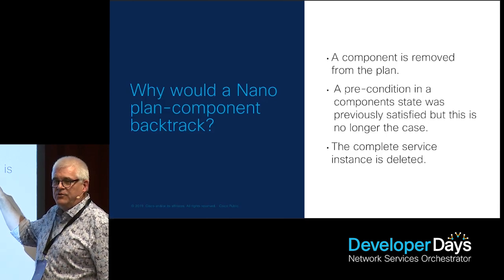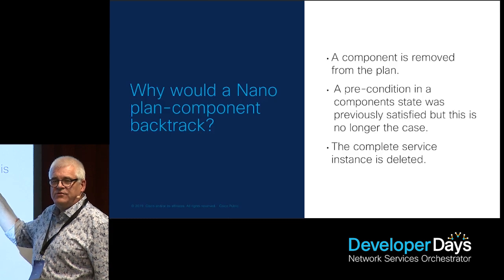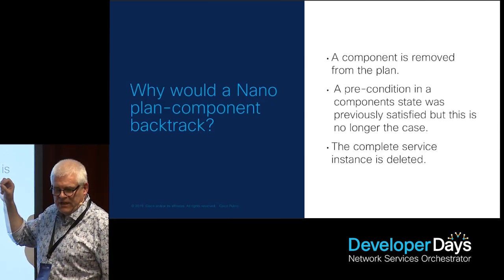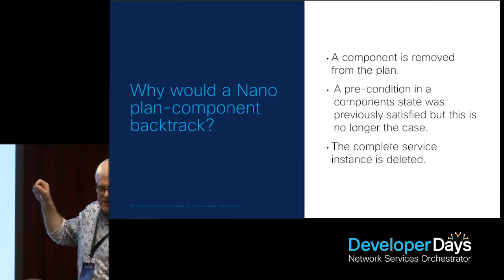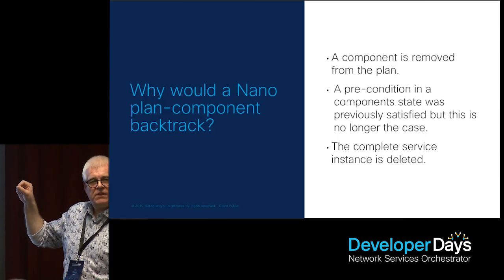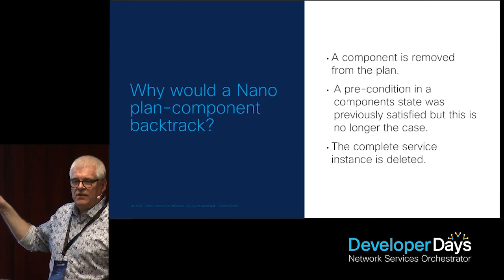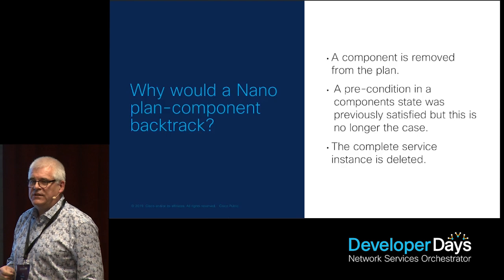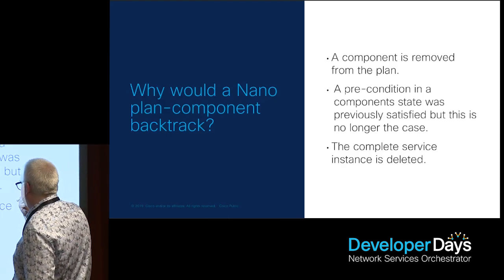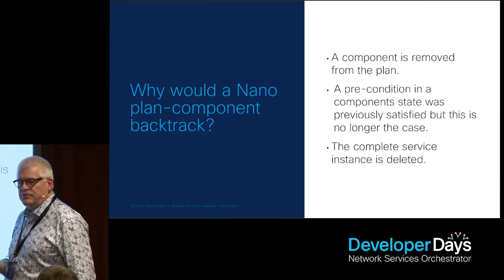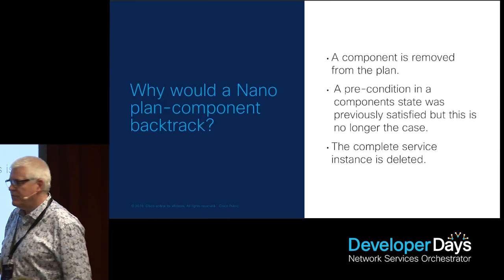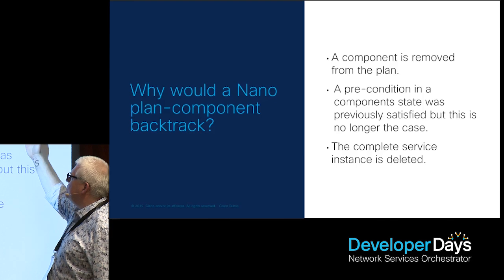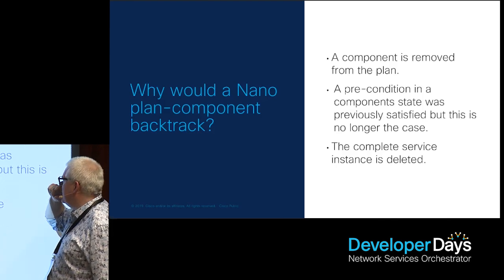So when you backtrack, you have the same possibility to say that, yeah, I can delete stuff, I can apply the reverse diff sets for the states, but I need to wait for this to happen. And that is usual for reactive fastmap loops. You need to do something also when you delete. It can be licenses that you need to recover before or something. So that is one case, removing a component.